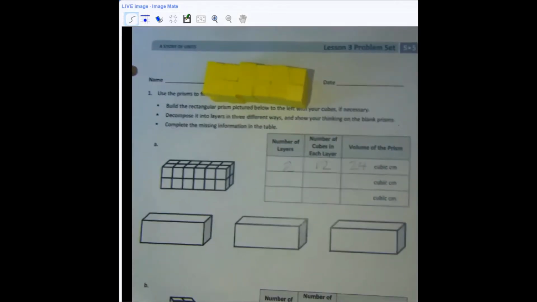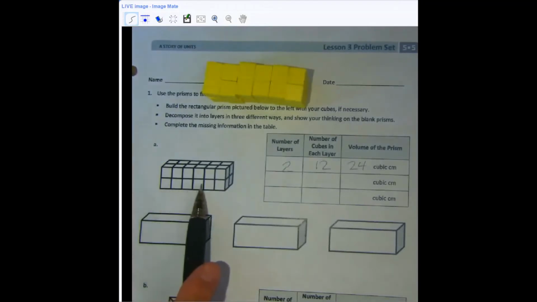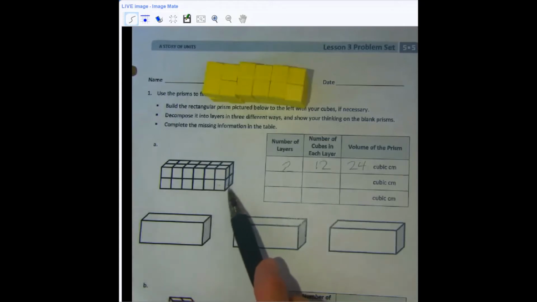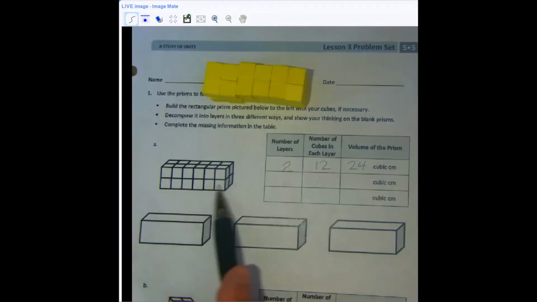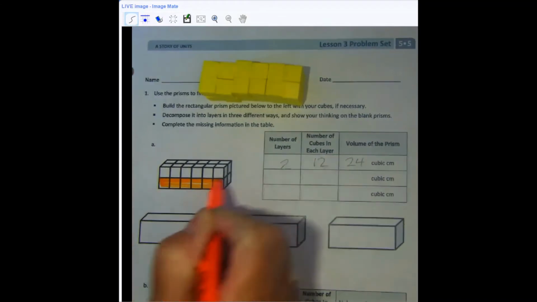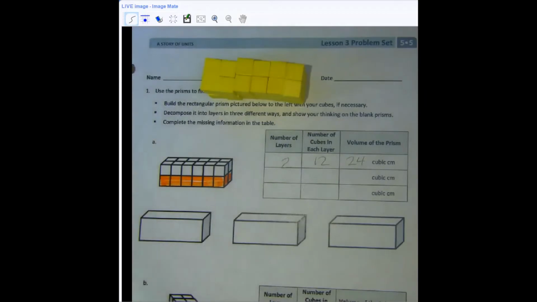Well, when I was building it, I looked at the drawing and I saw that there are 1, 2, 3, 4, 5, 6 cubes, but there were 2 rows of 6 cubes on the bottom. So that whole bottom layer is made up of 12 cubes because it is 2 rows of 6.